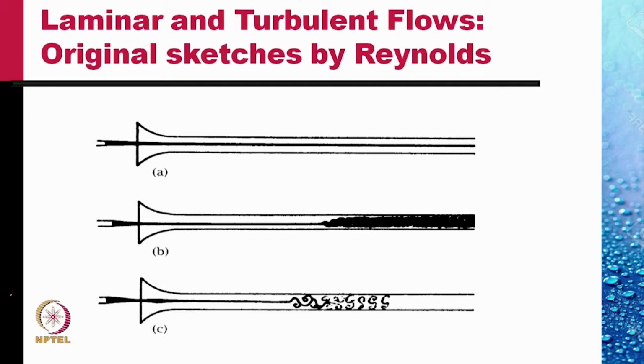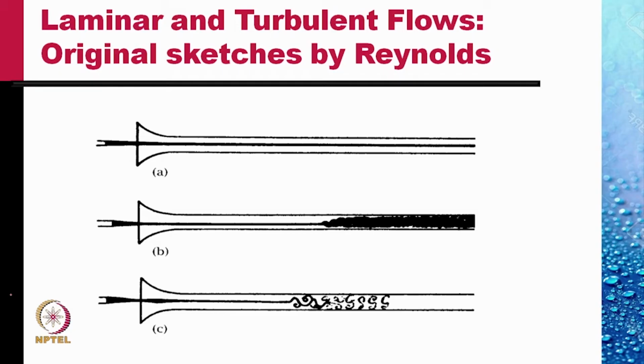These sketches are from the original paper by Reynolds, in which they show that when the flow speed is very low, the streak of ink introduced at the center of the tube comes out smoothly and flows down the tube.